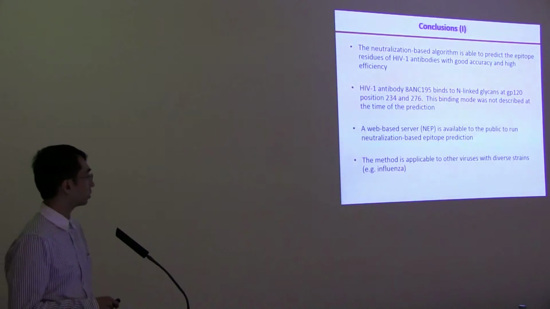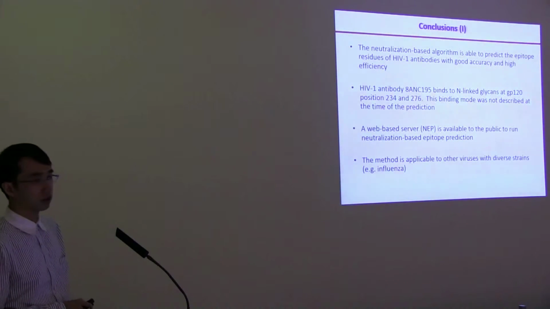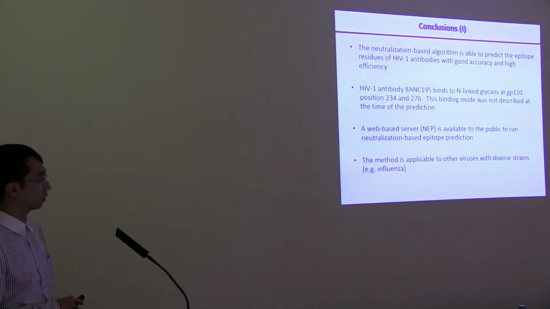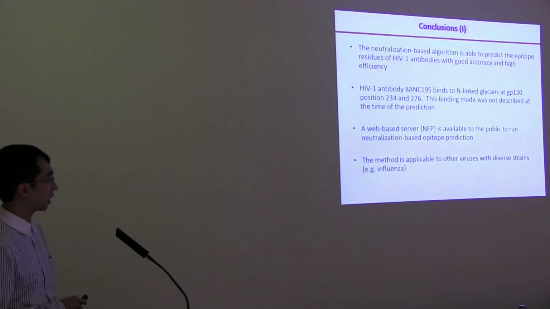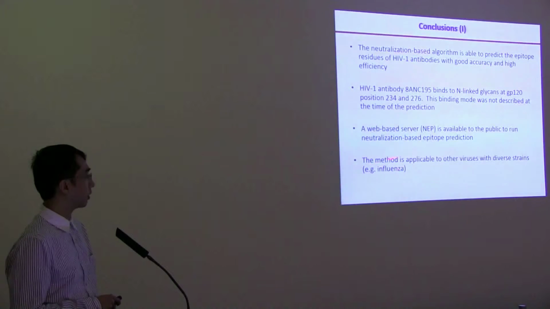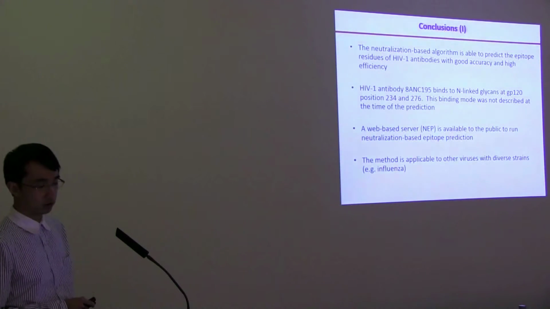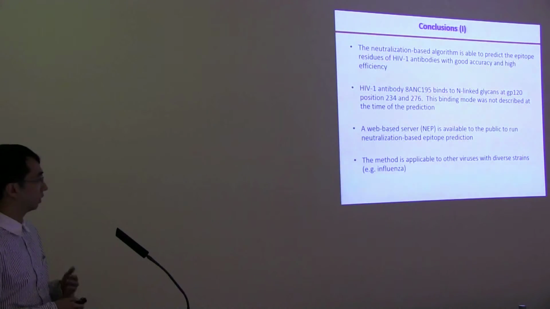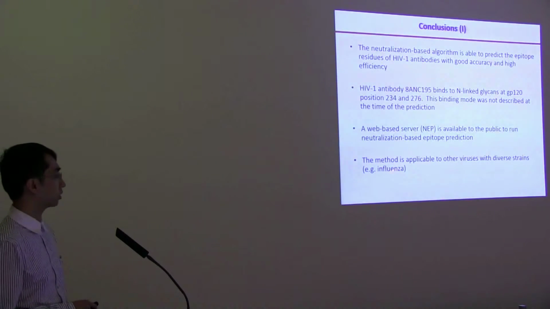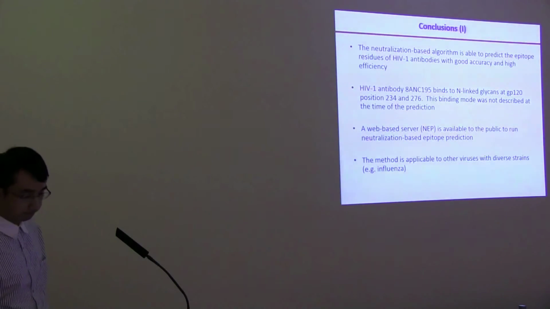Finally, I showed you the applicability of our algorithm for determining HIV-1 antibody epitopes. Theoretically, this method could be applied to other viruses as long as there is diversity in them. For example, it should be very applicable to viruses such as influenza.